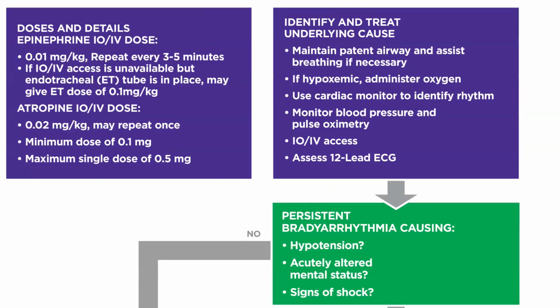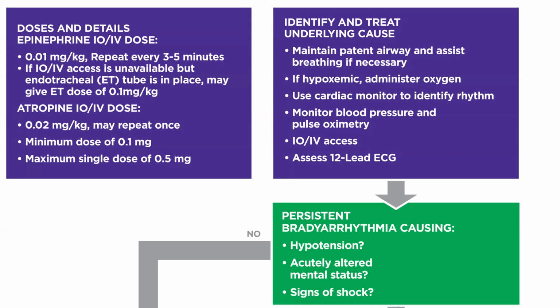So how to approach a patient? Number one, let's talk about the doses and details of epinephrine. The dose of epinephrine is 0.01 milligram per kilogram. Repeat, I would say every 3 minutes. Attempt IV, do not spend too much time on it. If you cannot get it in 10-15 seconds, go for IO.